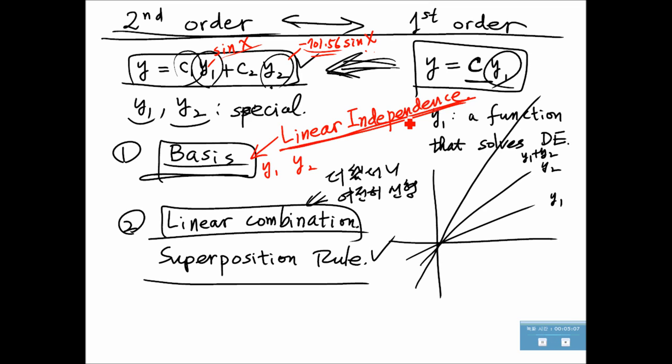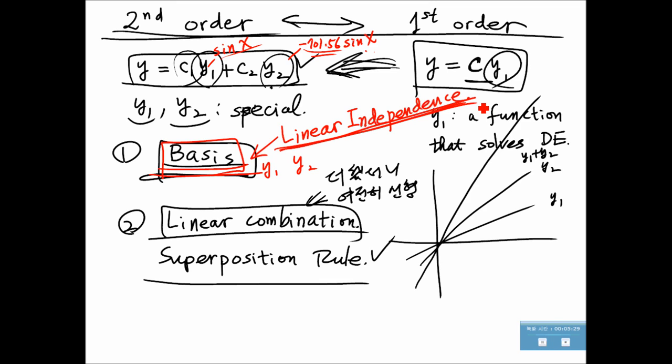So we have to first identify the basis, right? y1 and y2 are not just any functions, but special functions that form a basis. And to be a basis, y1 and y2 have to be linearly independent of each other.